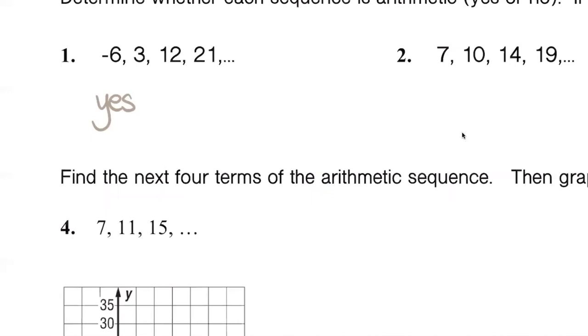Good. So D is positive 9. Excellent, because every time to get to the next term, we would add 9. You got it. Good job, everybody.